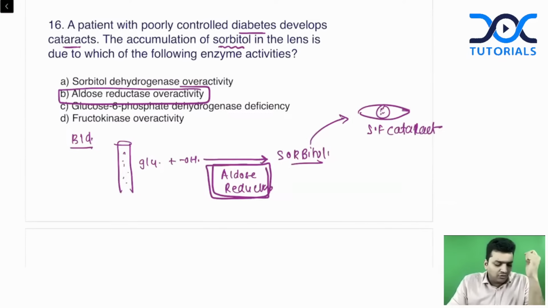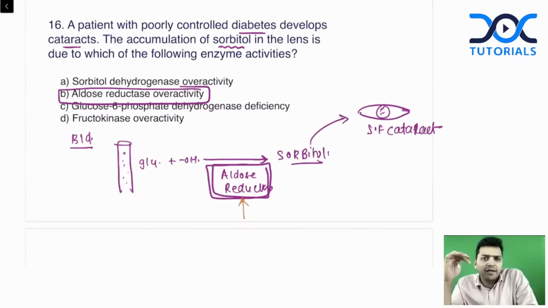Now you answer me the question: which drug can be given if a patient is a diabetic and I don't want him to develop snowflake cataract, meaning I have to block this enzyme. Can you give me a drug which blocks the aldose reductase so that I can prevent the snowflake cataract? Aldose reductase inhibitor.